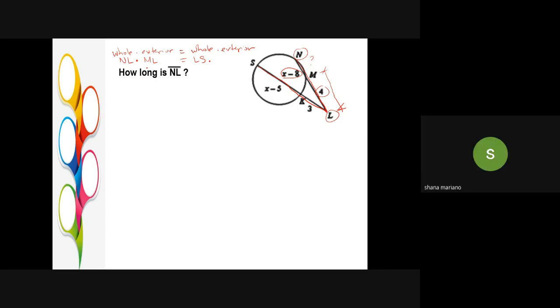KL, ma'am. KL or LK. Okay, isn't the whole SL? The exterior is KL or LK. Okay, let's make it LK.